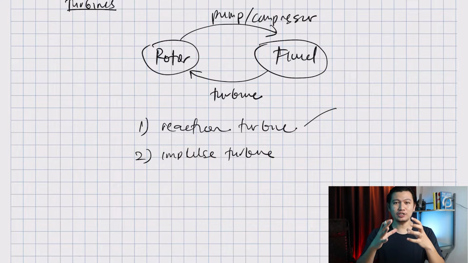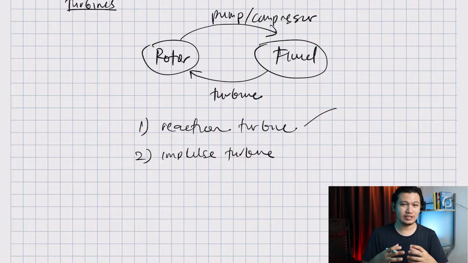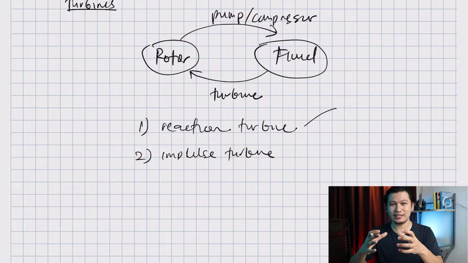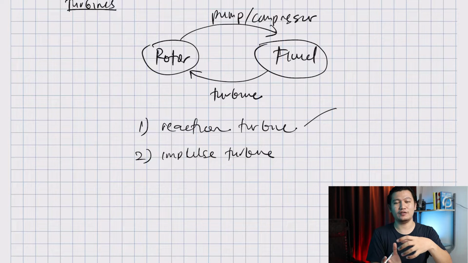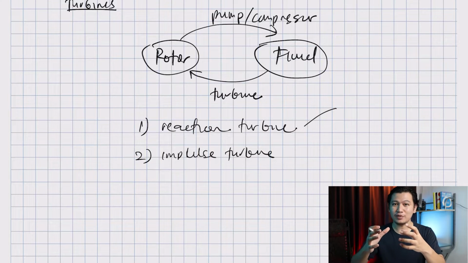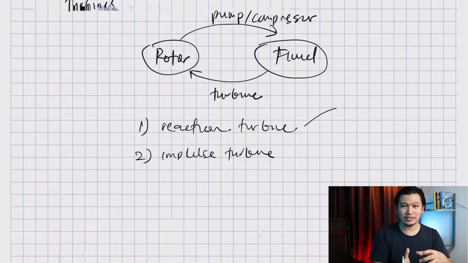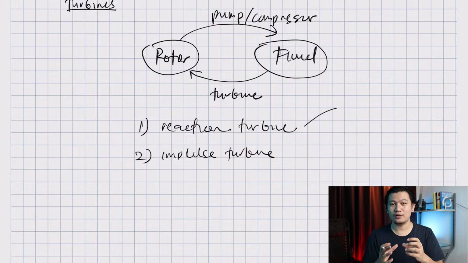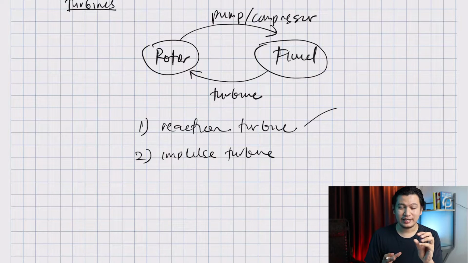This water with a lot of energy is supplied into the turbine. If the turbine is inside a casing, meaning the flow energy is still conserved inside the water and hasn't been completely transferred into kinetic energy yet, that turbine is called a reaction turbine.